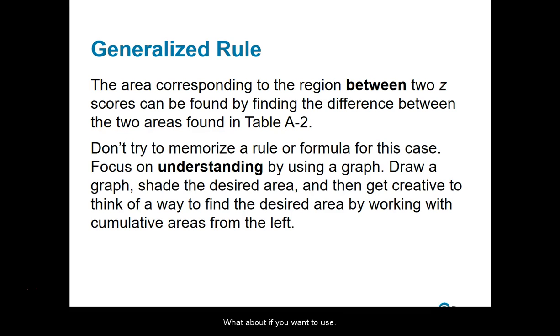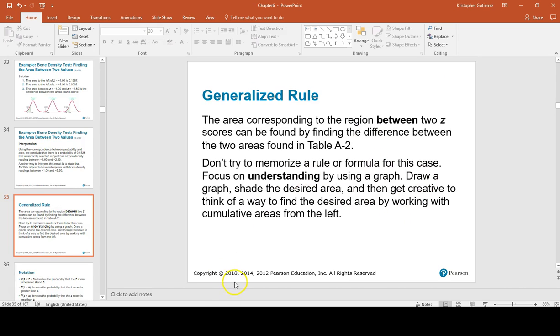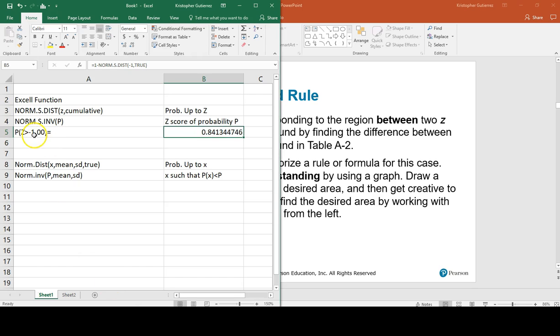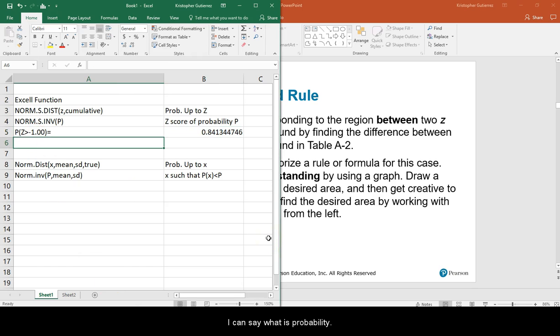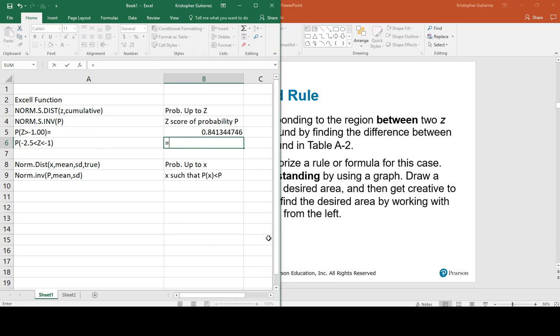Now, what about if we want to use Excel to do that? Well, I can say what is the probability that we have negative 2.5 less than z less than negative 1. And that is going to equal, again, I'll use my normal distribution, and I'll just subtract two normal distributions.